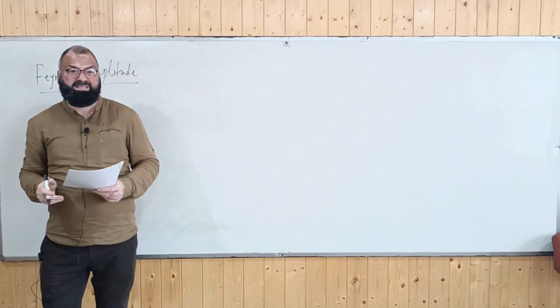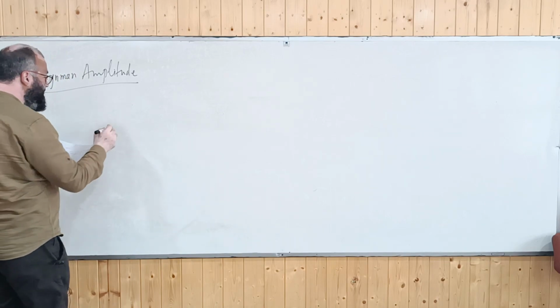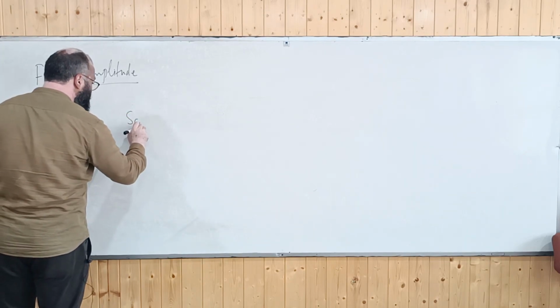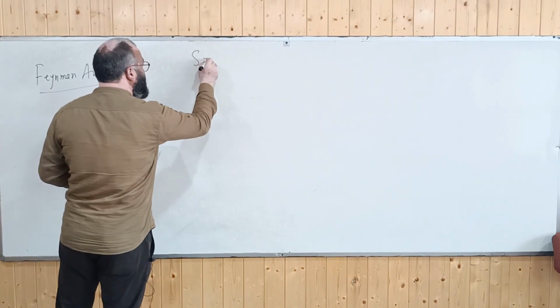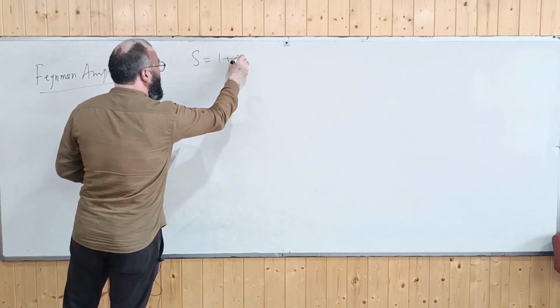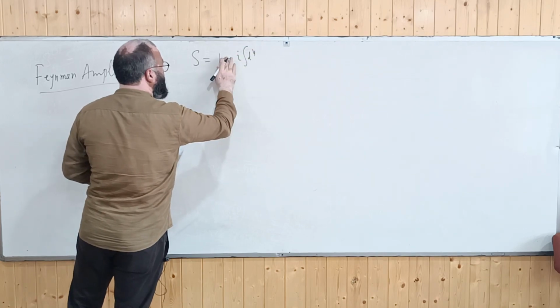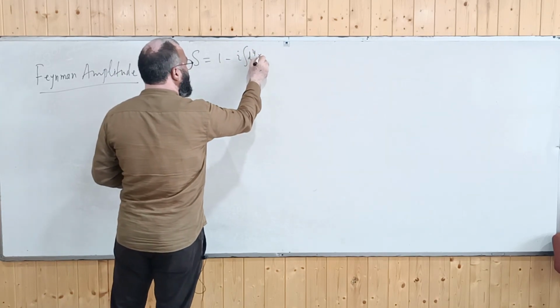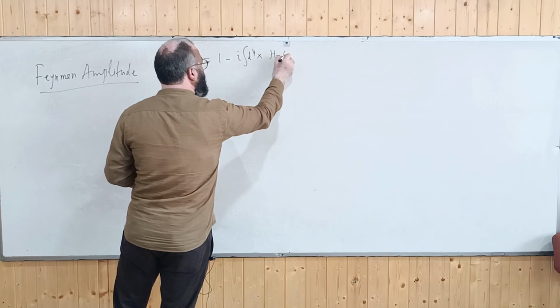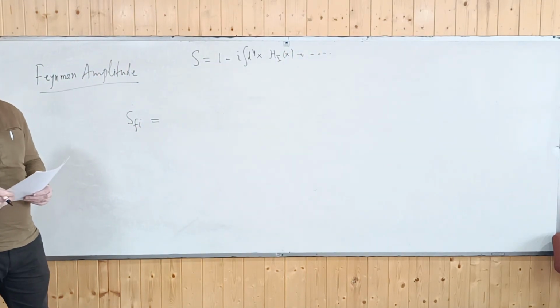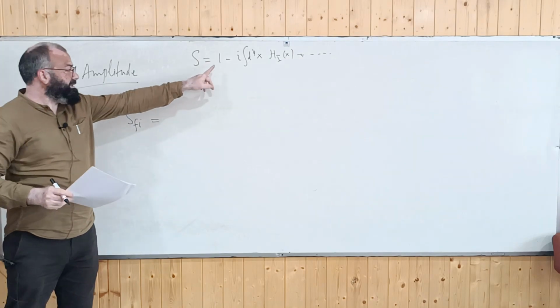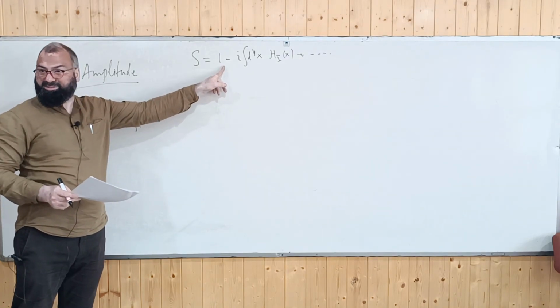So I can write now my S, the scattering matrix element. If you remember, this S matrix is actually 1 plus i times the integral d4x of minus i d4x H_I of x plus other terms. So when I put the matrix elements, I'll be having a matrix element corresponding to this identity.